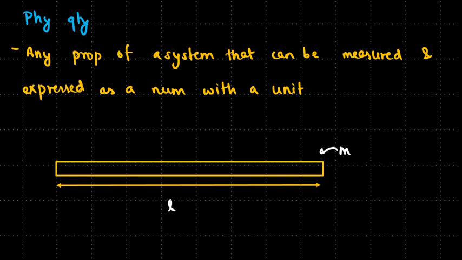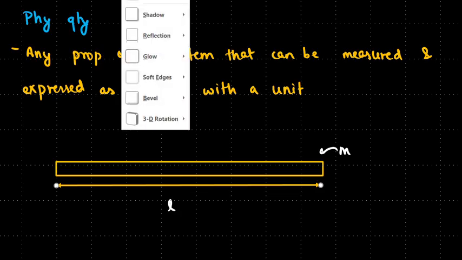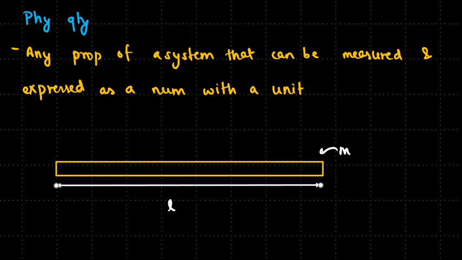Now, since we are talking about physical quantities, we have to know how to describe them and the varieties that they are found in. So let's talk about types of physical quantities. The next topic we are going to talk about is types of physical quantities. It's supposed to be quantities, but I'm just writing quantity because it is my shorthand.